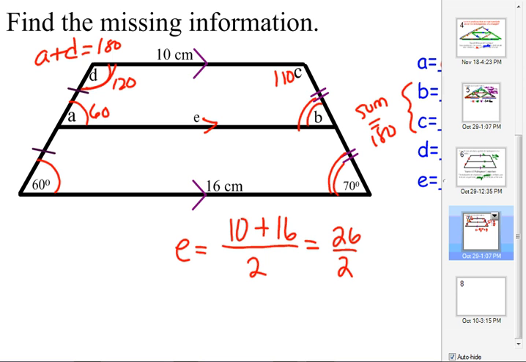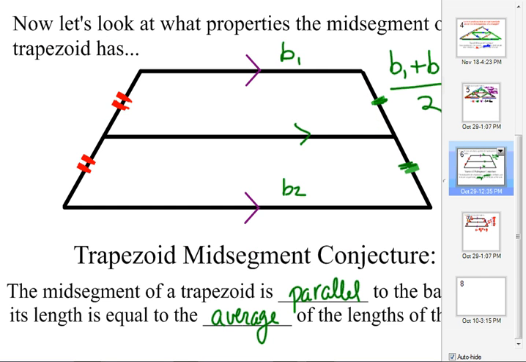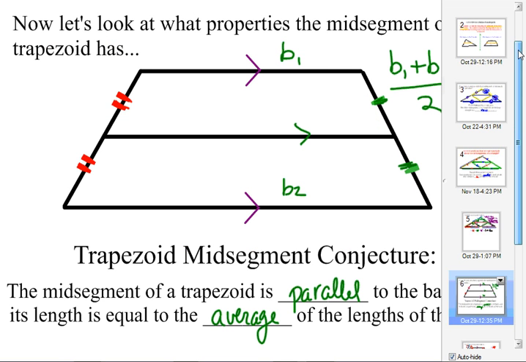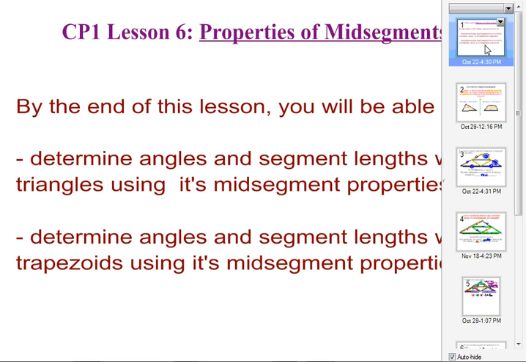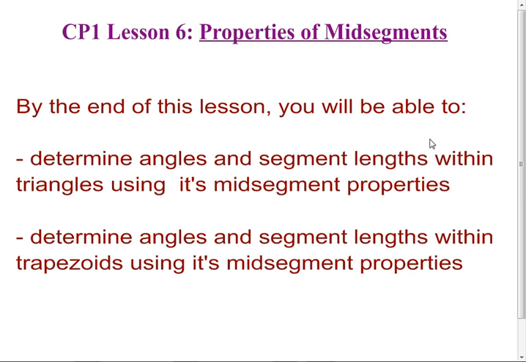So let's go back and see what we learned. We're going to determine the angles and segment lengths within triangles using mid-segment properties. When I draw a triangle and I draw the mid-segment here, this is going to be half of the base. And it's going to be parallel.